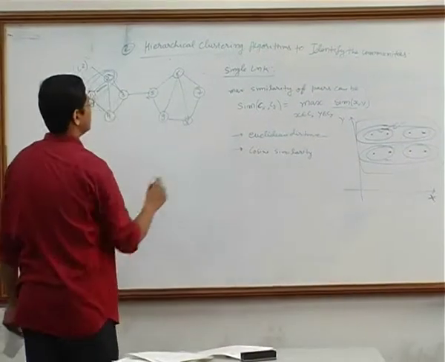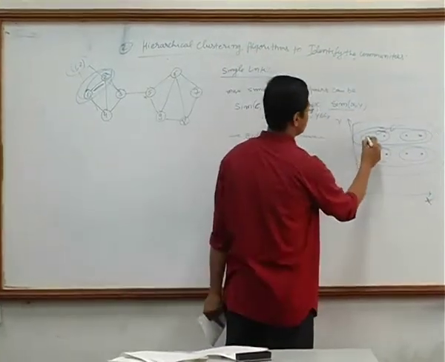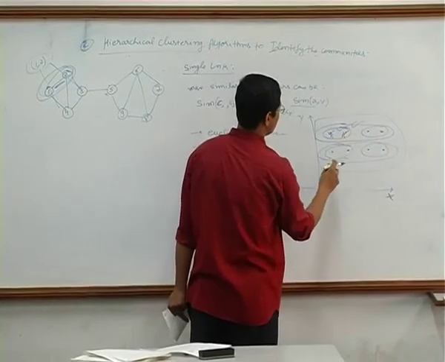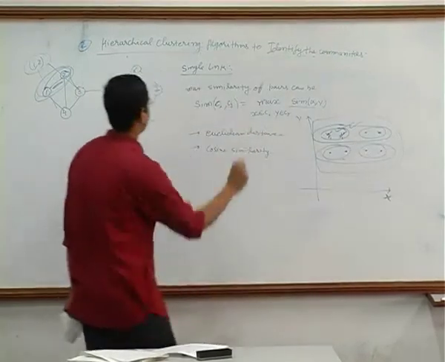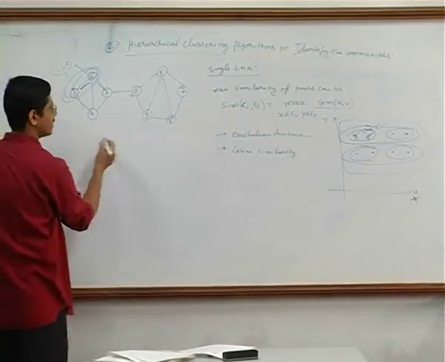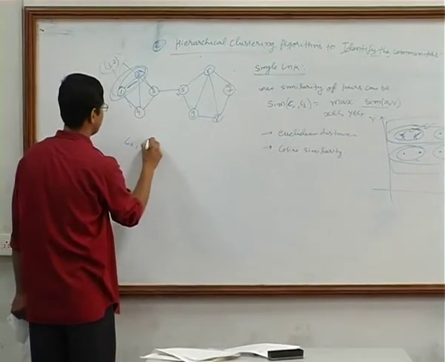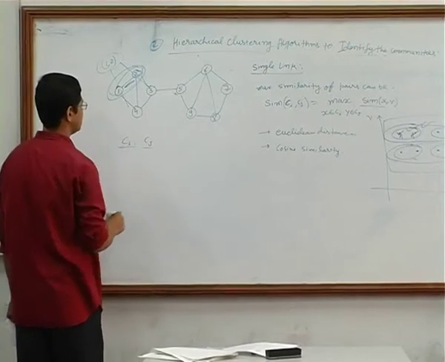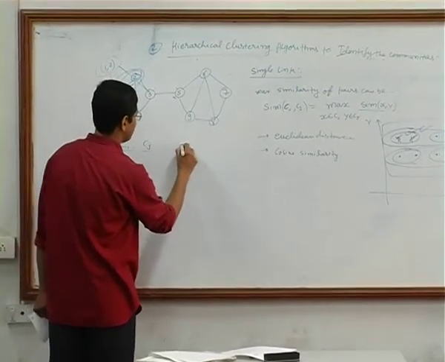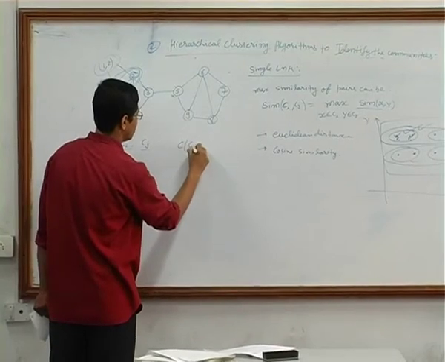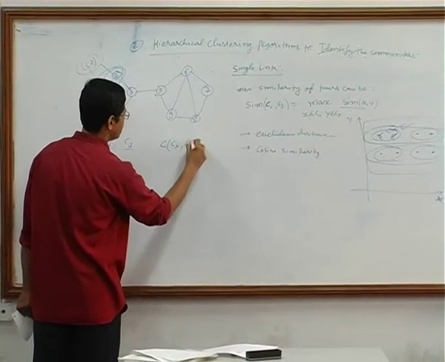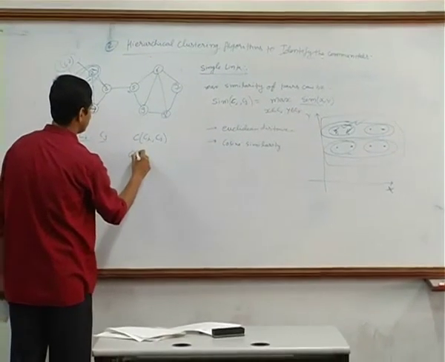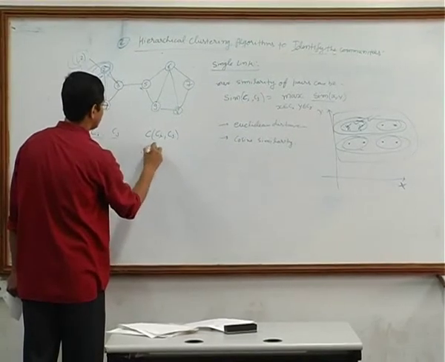Now, after the first step of merging, suppose we merge two points, P1 and P2. Suppose we have clusters Ci and Cj, and after merging Ci and Cj, we have a cluster containing Ci and Cj. Now, how to calculate the similarity with another cluster known as Ck?